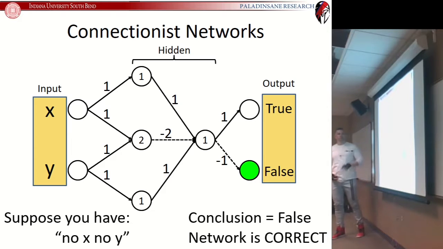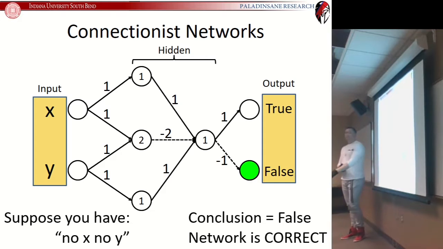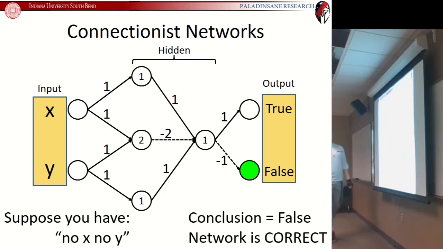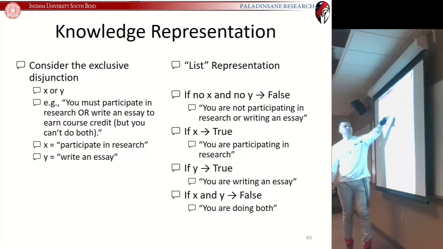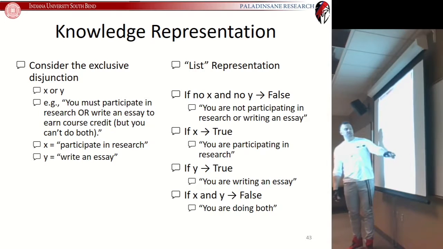So in this case, this one network, this one series of connections here, based on the input, has given us the correct output for all 4 possibilities for this exclusive disjunction. So it's quite possible that in our minds we have this list representation where we just go down the list and say, what situation are we in?